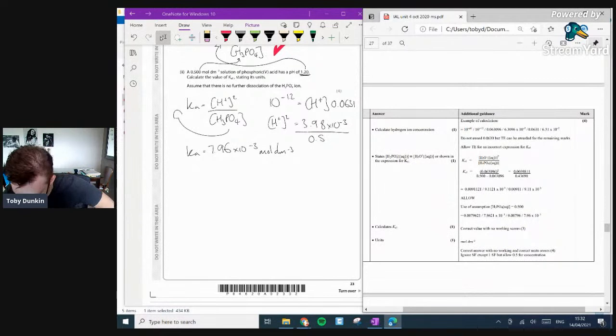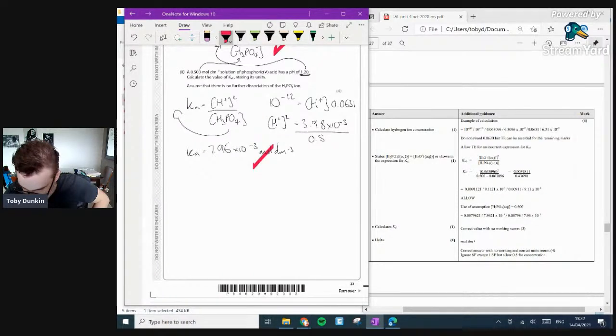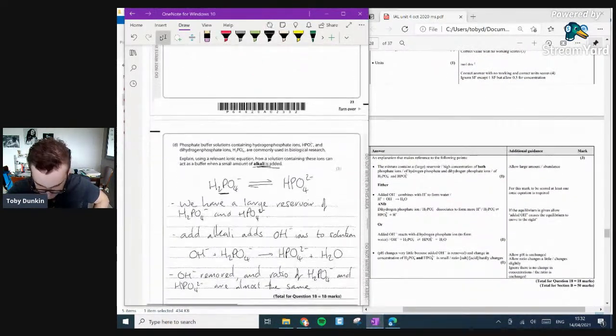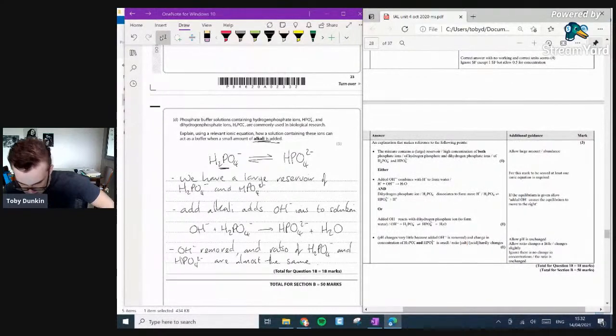Next. So 7.96 times 10 to the minus 3 is correct. Assumption, large reservoir. Units are moles per decimetre cubed.